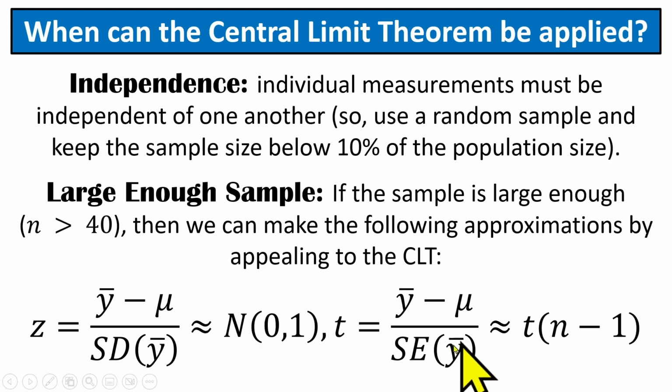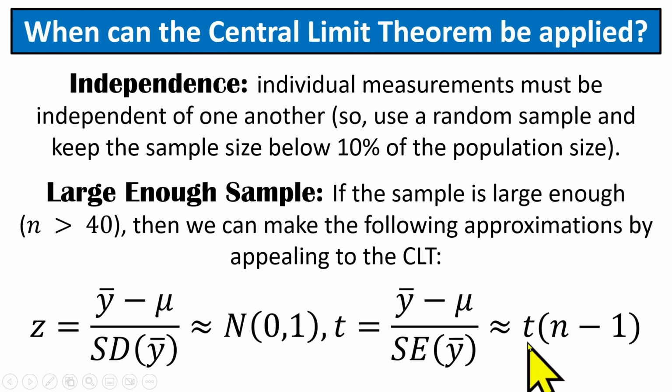On the other side, in cases where we do not know what the population standard deviation is, we have to use an estimate for that standard deviation. We use the standard deviation of the sample. And so in that case, when you standardize your sample mean, you're using the standard error of y bar instead of the standard deviation. That introduces greater uncertainty into your test statistic. And so the test statistic is no longer Z in approximation.